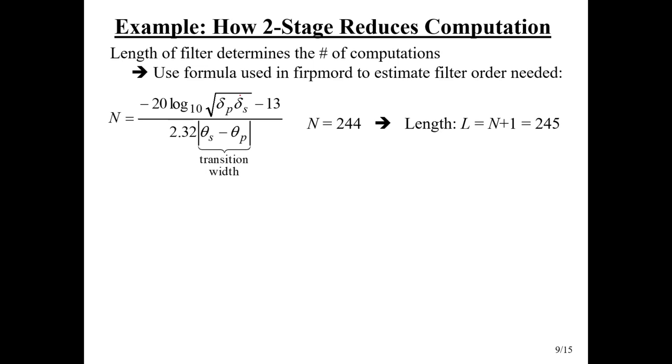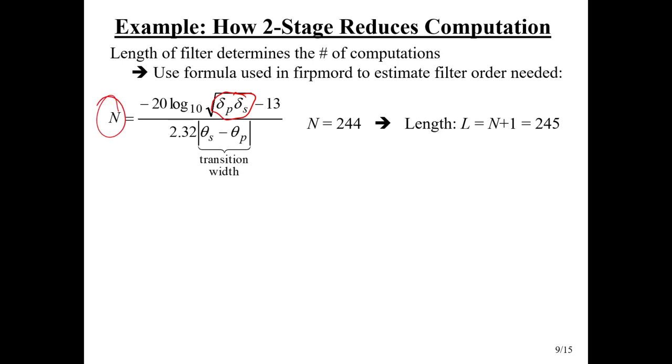Well, we've got delta P and delta S. Well, first of all, I should say N here is the order of the filter, and the order is one less than the length. So the order is just the order of the polynomial that corresponds to the filter's transfer function. So we've got delta P and delta S showing up here in the numerator. So as either of those goes up, the length needed goes up as well.